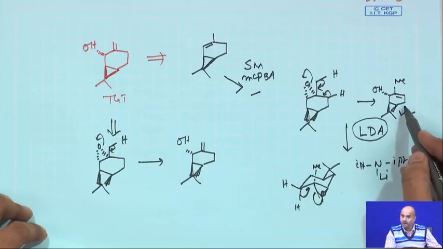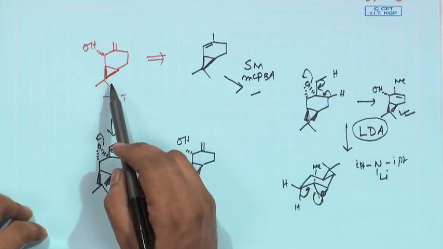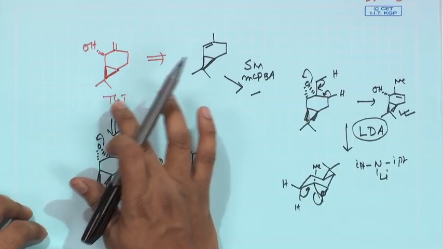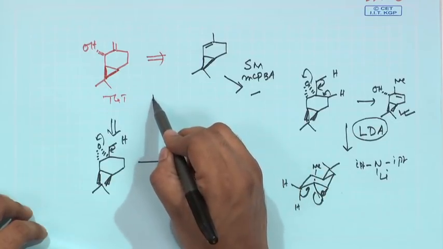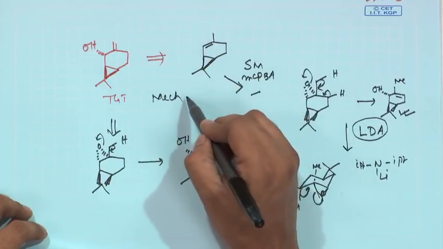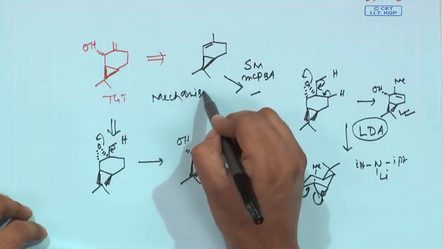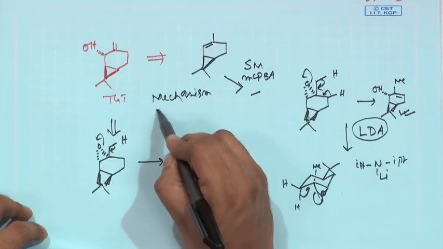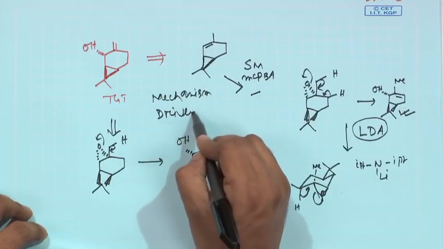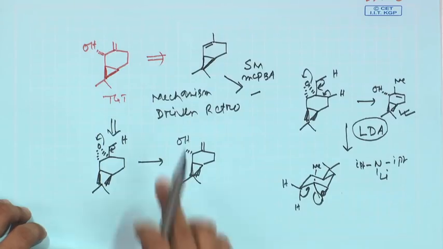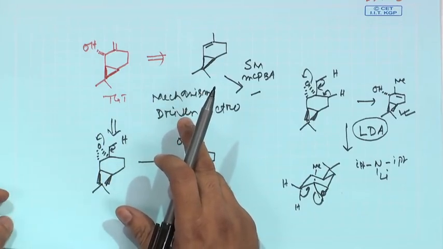So, this product also might be formed, but as we did not observe it here, as the target is having this structure, we formulate that this mechanism operates where a methyl hydrogen was removed by this. So, it is basically a mechanism driven retro, and in many cases, depending on the mechanism or the pathway, we can explain how this retro might be possible.